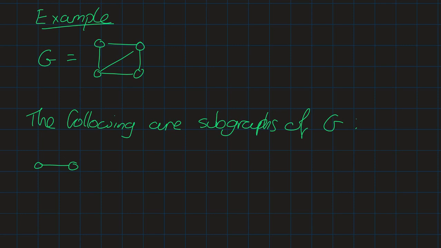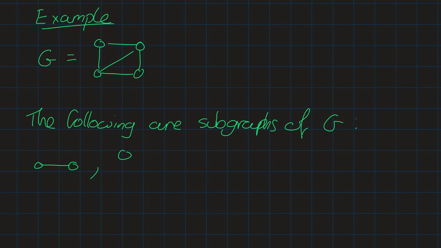This is a subgraph. And the way you see it's a subgraph is, well, you can imagine it living inside G, right? It's a subgraph in many different ways. This particular graph, it could be here, it could be here. There's many different ways in which this graph is a subgraph of that graph. But we only need one, so that's good enough.